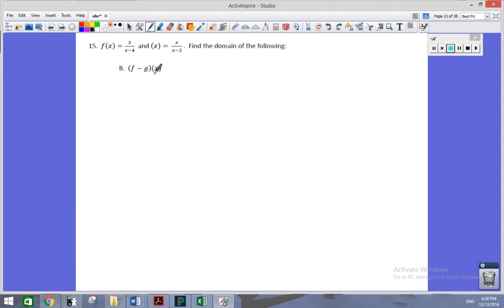The domain of f minus g is the same answer. The domain of f plus g, the domain of f minus g, the domain of f times g are all the same. And even if you change the order of the subtraction, it's the same.